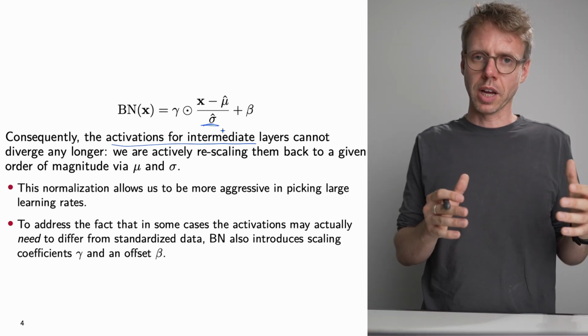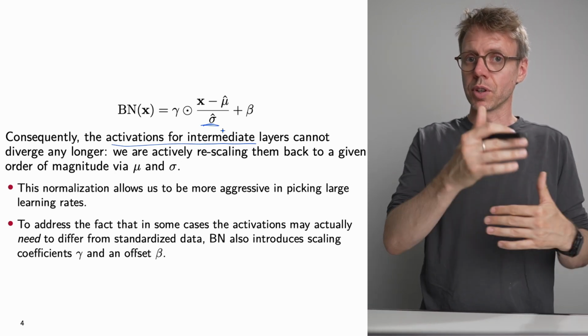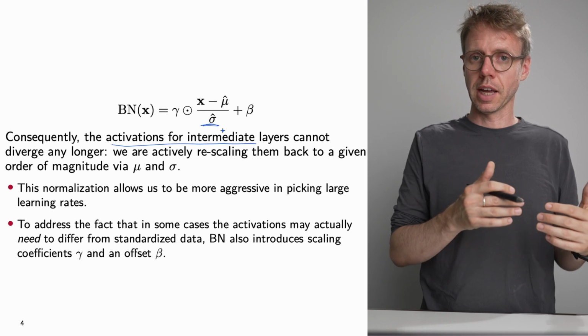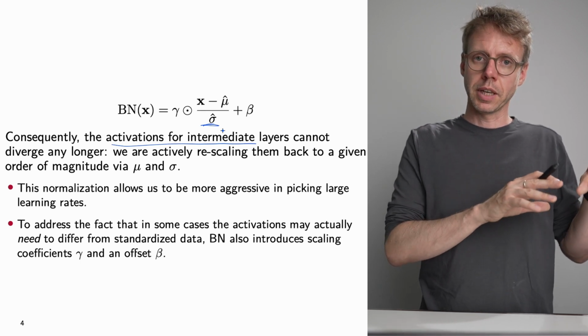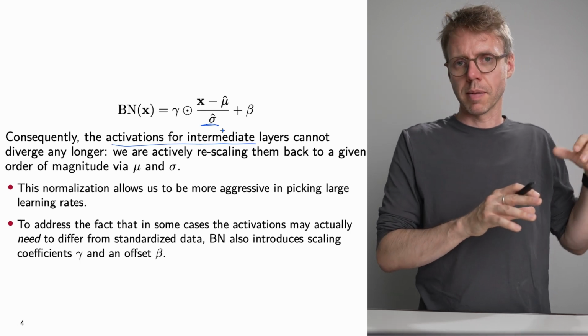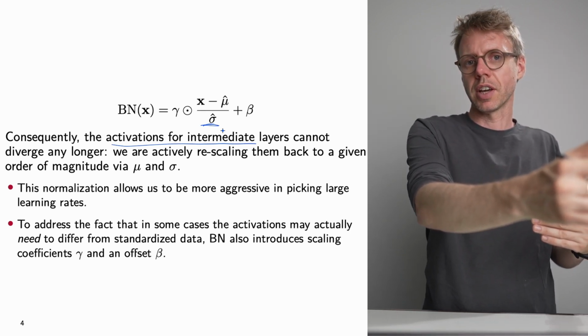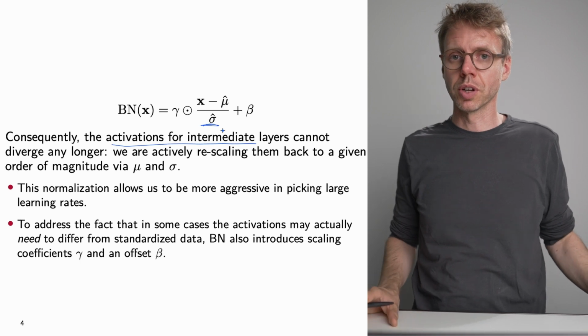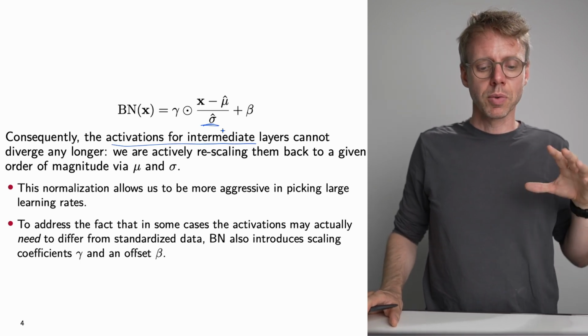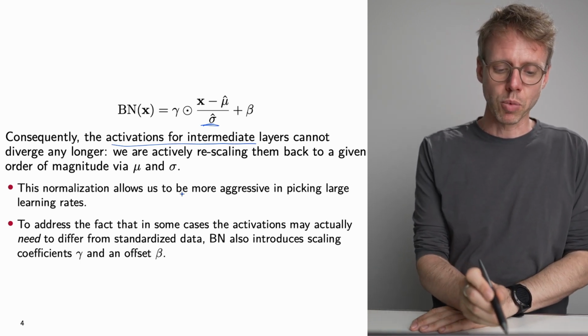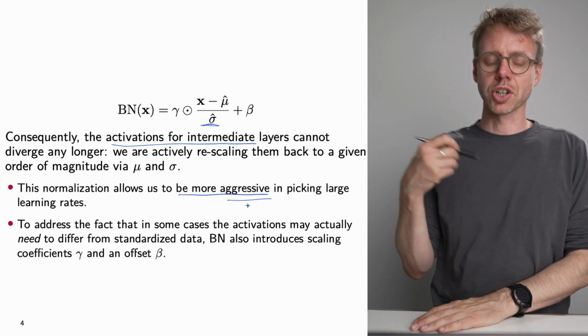By avoiding these huge differences between different layers, we avoid the case where at some point you have a close to zero activation, then you have a giant activation and corresponding values of the gradients, which means that we can be more aggressive in picking large learning rates.